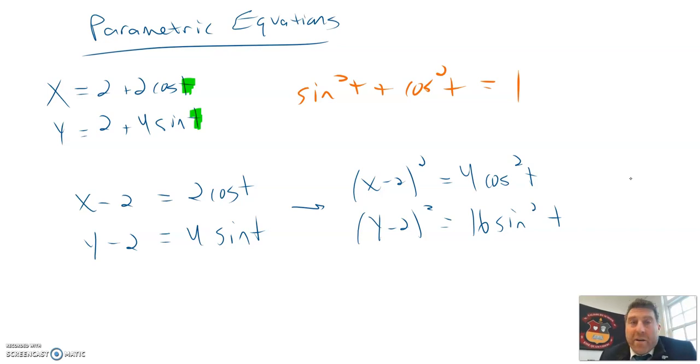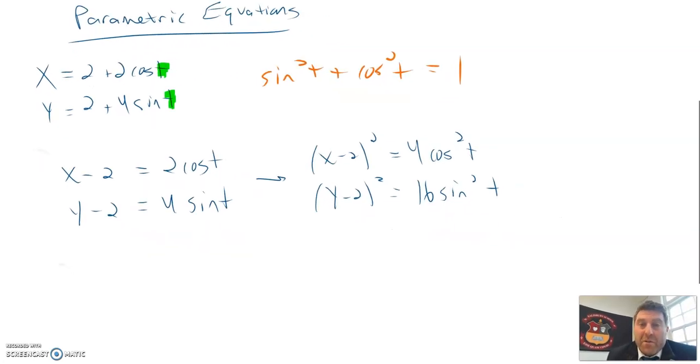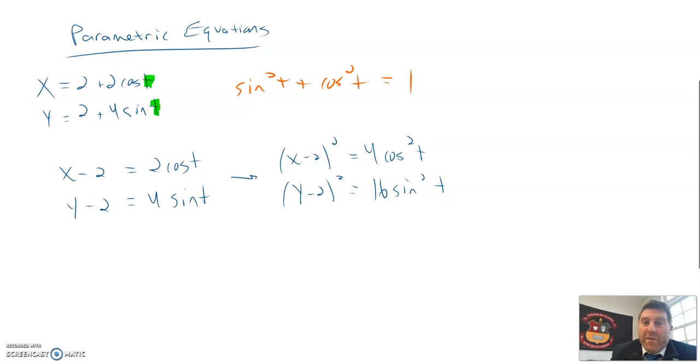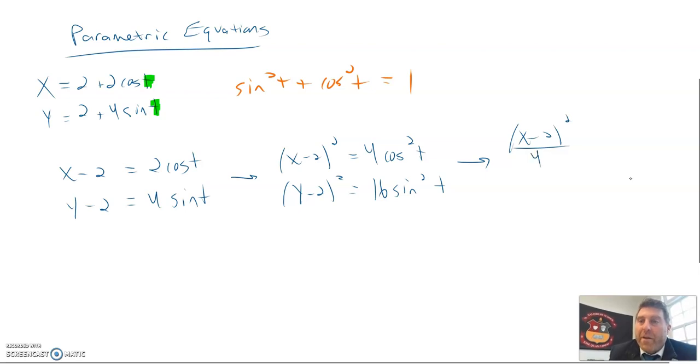But right now, the coefficients 4 and 16 are in the way. So, you guessed it, divide both sides by 4 in the first: x minus 2 squared over 4 is going to be cosine squared t. And I'm doing the same thing in the second, dividing both sides by 16, so you get y minus 2 squared over 16 equals sine squared t.